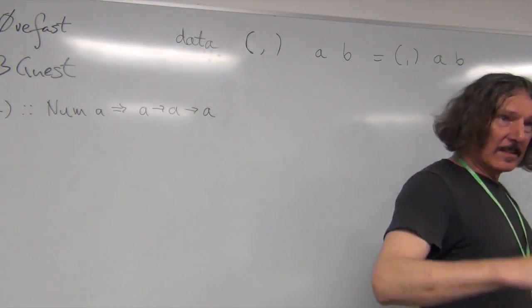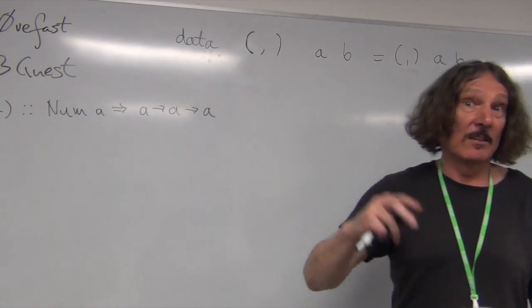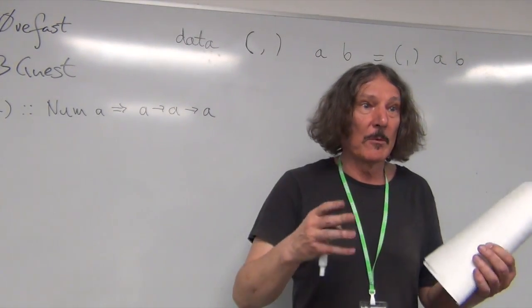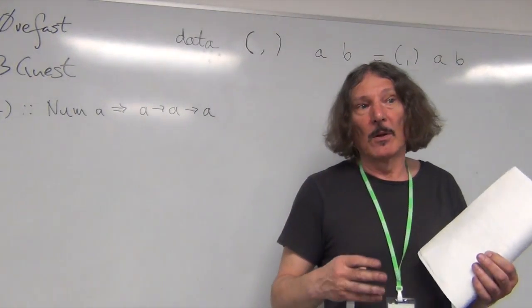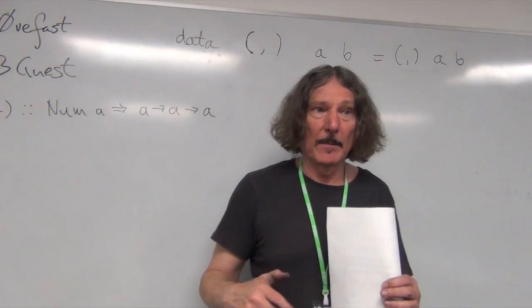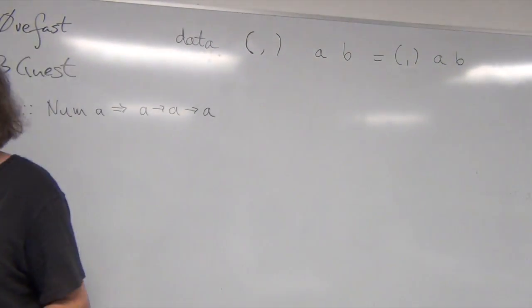And from this you can construct more products. Like as I said here, you can have a triple, and you can build a pair whose first element is a pair, and you can call this a triple. They are all equivalent, but they are not the same type. They're isomorphic.